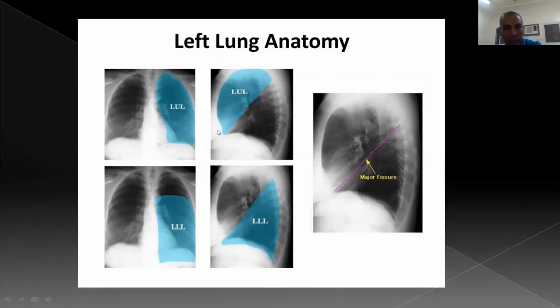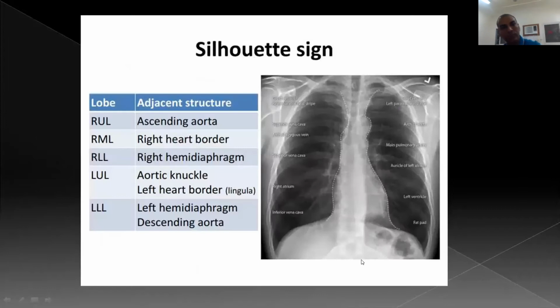So the left upper lung lobe collapse will occupy the anterior part in the lateral view, and almost the whole left hemithorax. While the left lower lung lobe collapse, similar to the right lower lobe collapse, will occupy the middle and lower lung zones, and in the lateral view, it will be behind the oblique fissure.